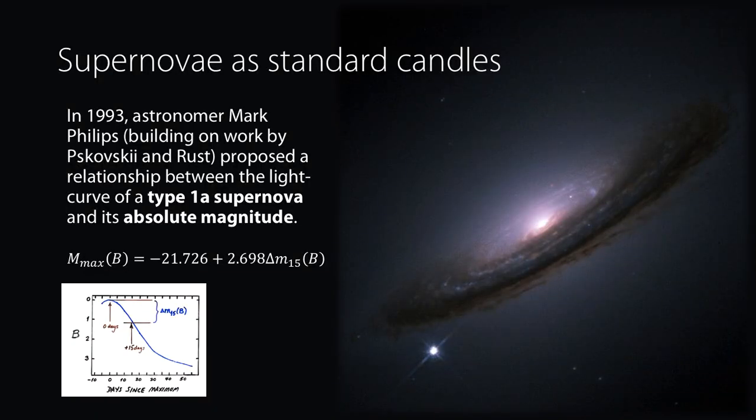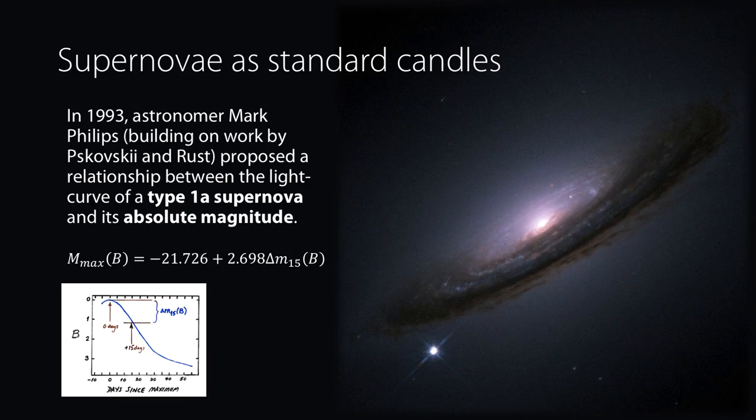Slightly closer to home, in a galaxy like this, we can see supernovae. Now, supernovae come in different types, and if you're in the high-level course, we'll look at this in a bit more detail. All you need to know is that there is a type of supernova called a type 1a. That type of supernova has a very clearly defined light curve, and that light curve leads us to an equation which enables us to determine the absolute magnitude, in other words, the luminosity of the object.